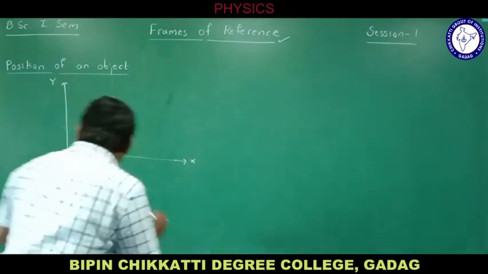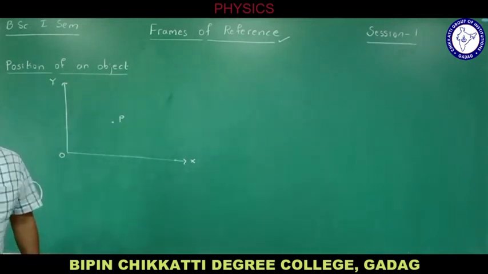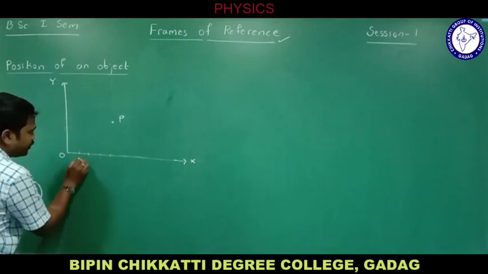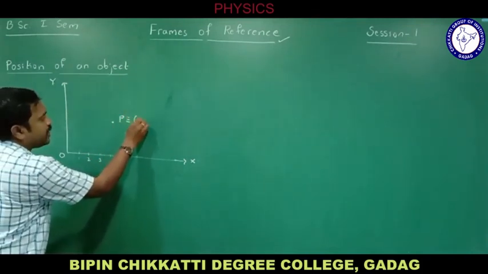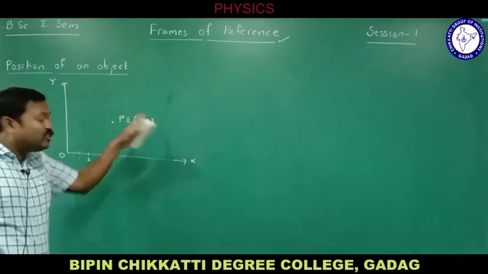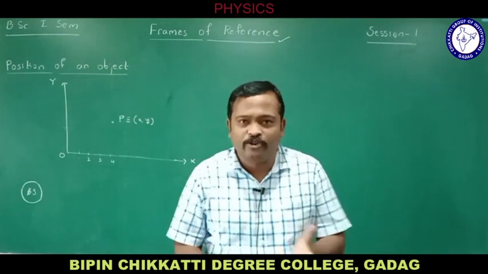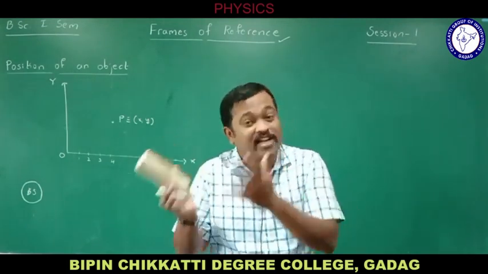This point of reference I will consider as the origin. For example, if I consider this as 1, 2, 3, 4, first you explain in terms of x and y. These are called Cartesian coordinates, because coordinates are many. You can use polar coordinates, cylindrical coordinates, or Cartesian coordinates.